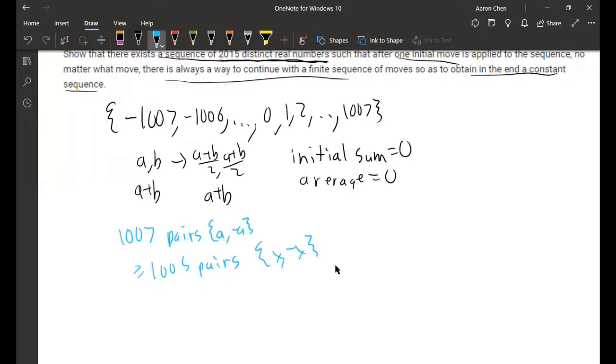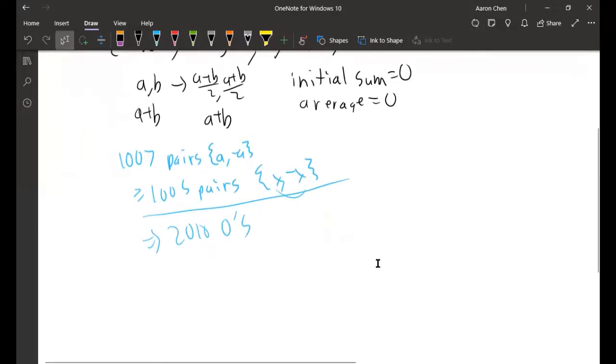And so first of all, we can just get rid of all of these pairs by applying the operation to each x and negative x. And so that gives a total of 2010 zeros. And so there's a total of 5 elements left after this operation is over.